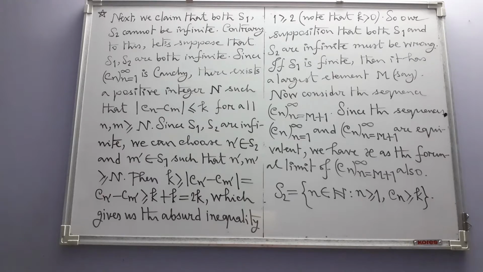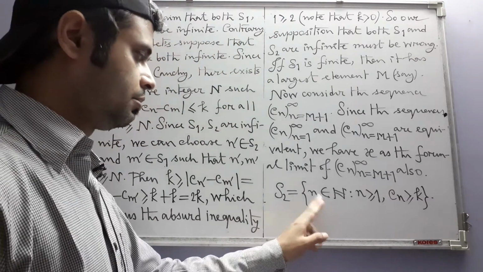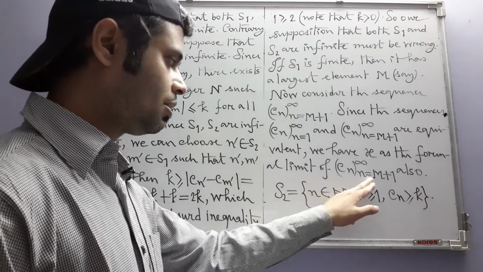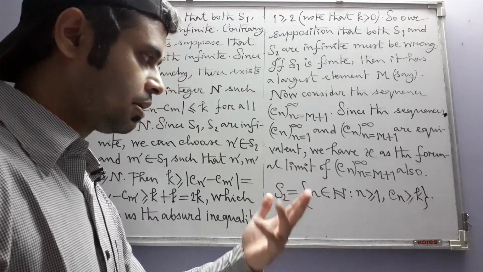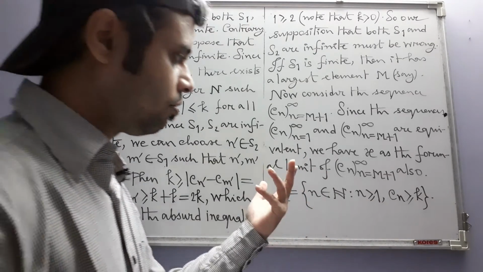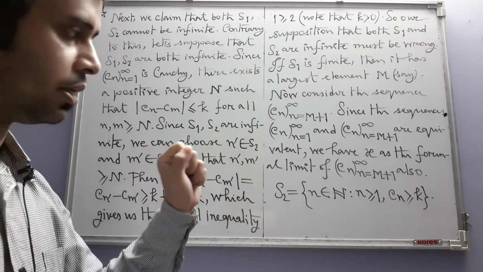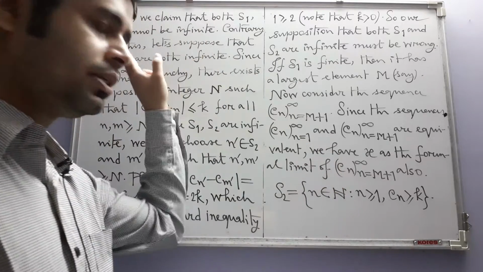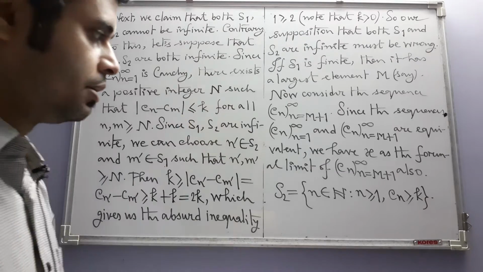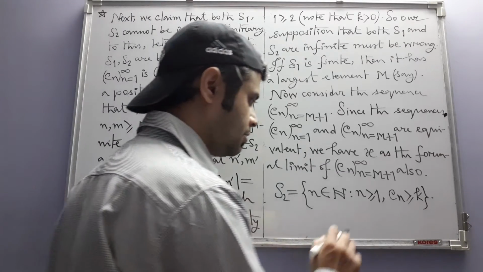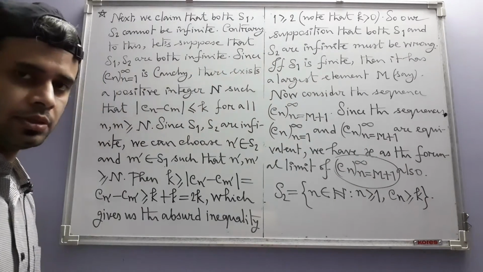So this was S2. That just tells us what? Because all these indices belong to S2, the corresponding terms C_n all will be greater than or equal to k, where k is a positive rational number. That means although we did not know whether the original sequence C_n was positively or negatively bounded away from 0, here we know that this sequence is positively bounded away from 0.